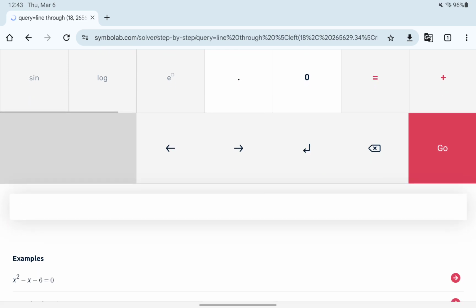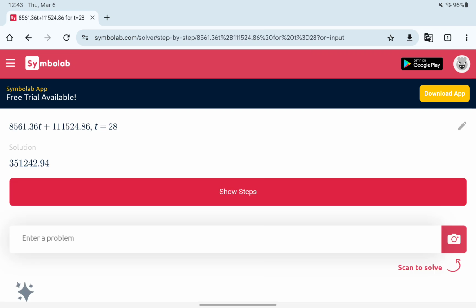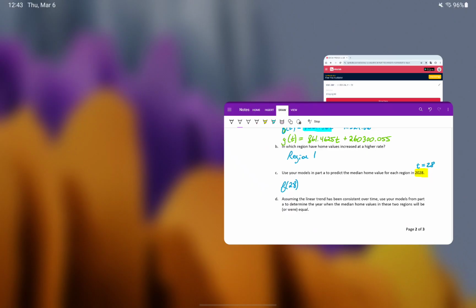Meaning we'll input our function f of t, 8,561.36 t plus 111,524.86 for t is equal to 28. And we get a value of $351,242.94.